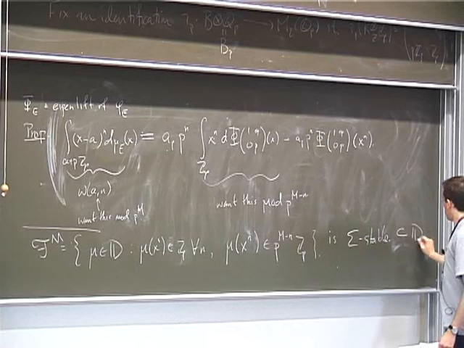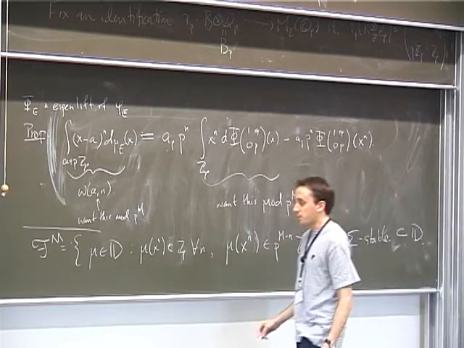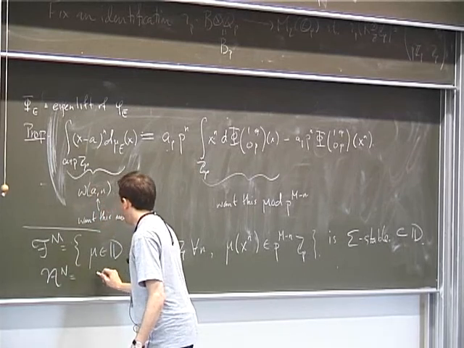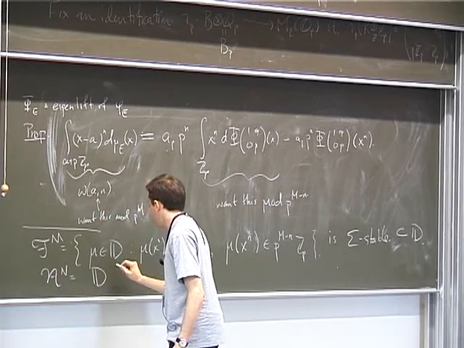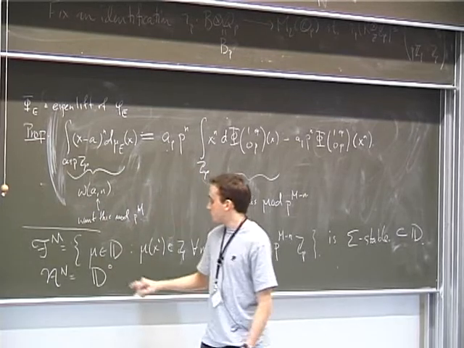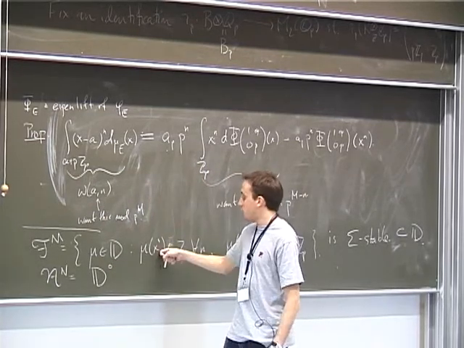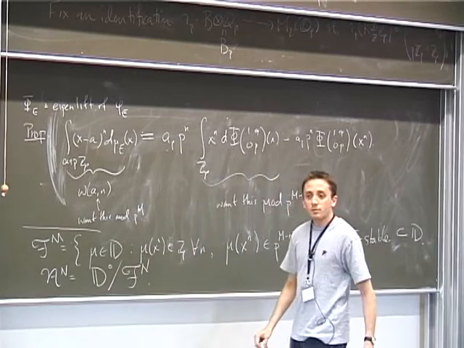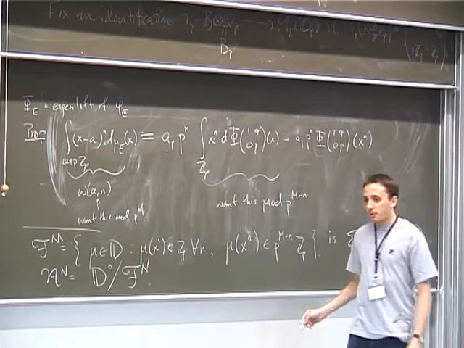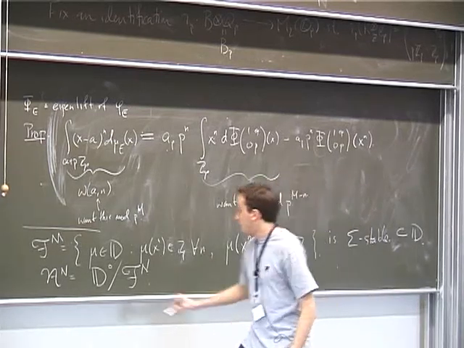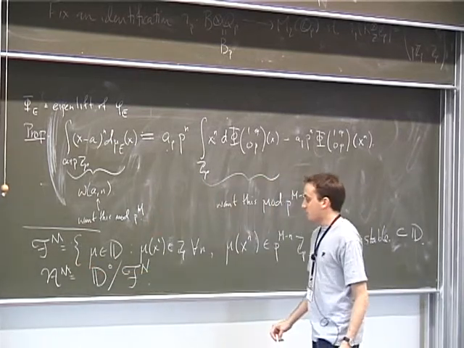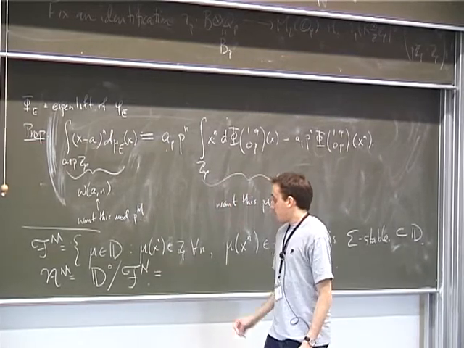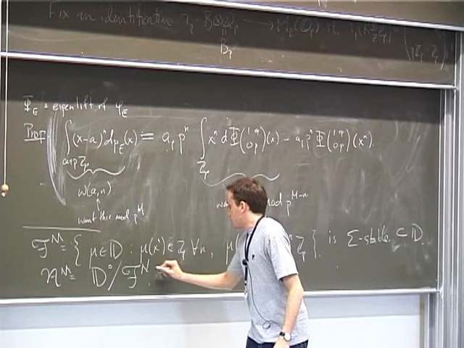So, in particular, we can look at the quotient. Let me define A_n to be D0, where this 0 means things with integer moments, and let me mod out by that sigma stable subgroup. This gives me a finite approximation module.